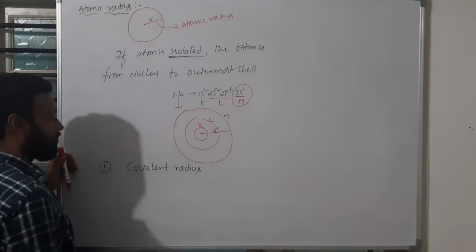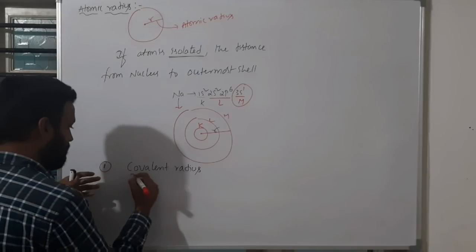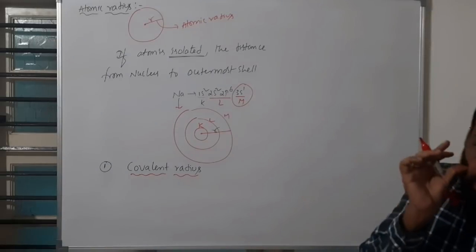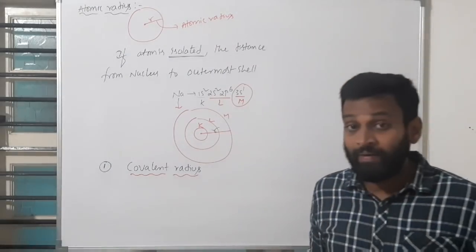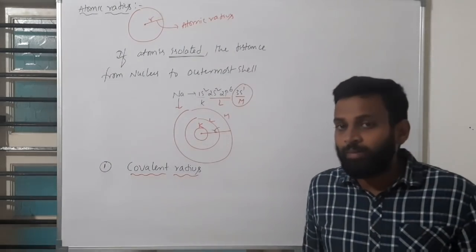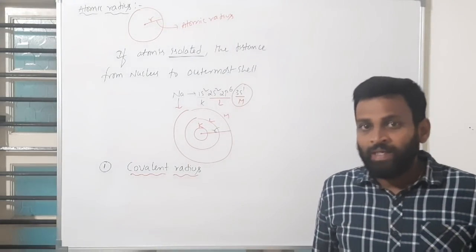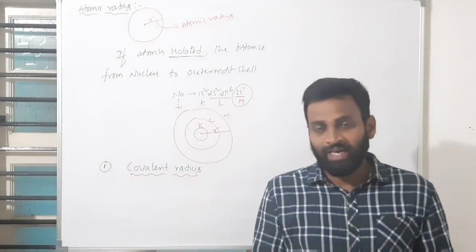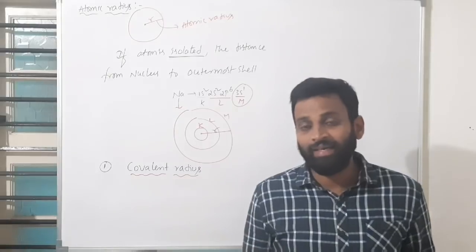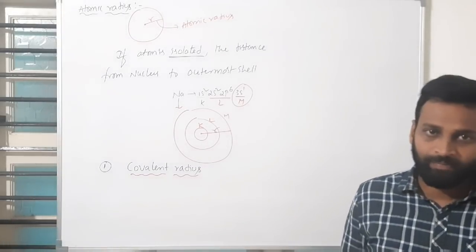Where will you have this covalent radius? Covalent radius we will have in covalent molecules. How will a covalent bond form? Contribution of electrons and sharing of electrons. That we will understand in the chemical bonding chapter.